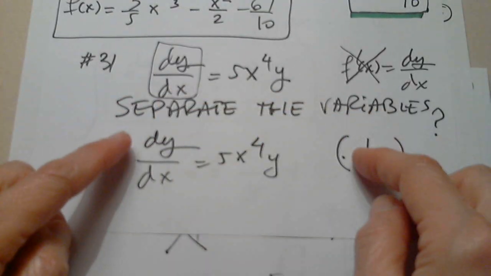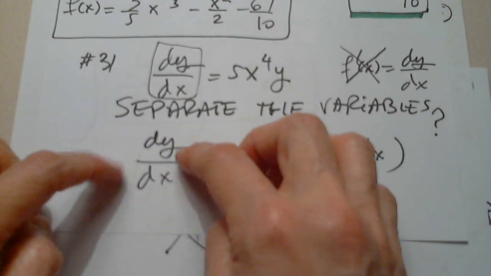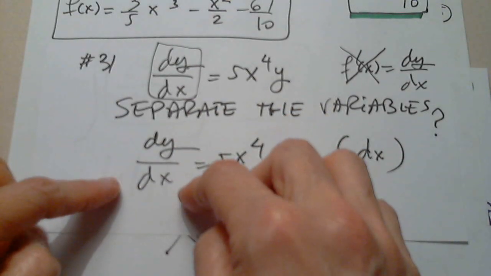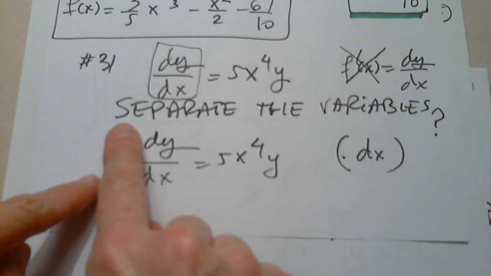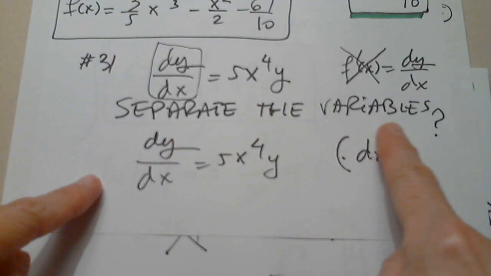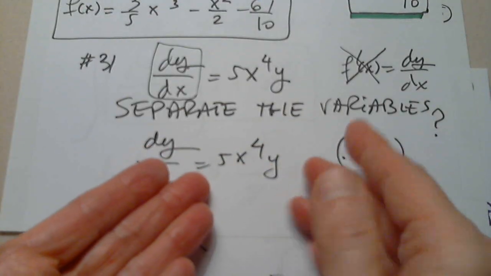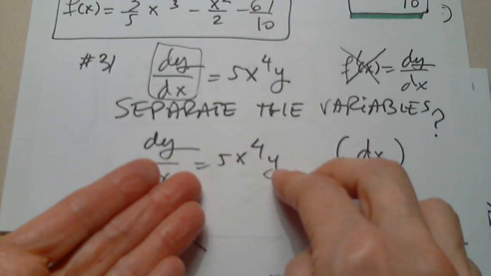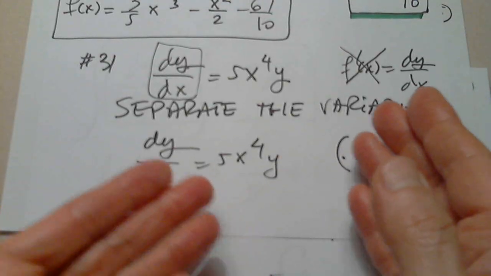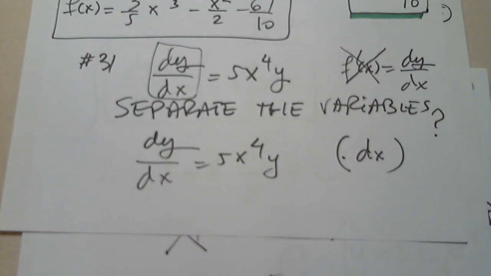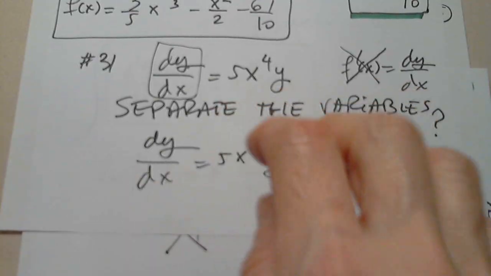But f prime is wisely written as dy over dx because this is a step forward in helping us separate the variables. Because I cannot integrate if I have two variables. Is it dx? Is it dy? What is going on? We cannot. They are double integrals, but it's a totally different story. So I have to separate the variables.